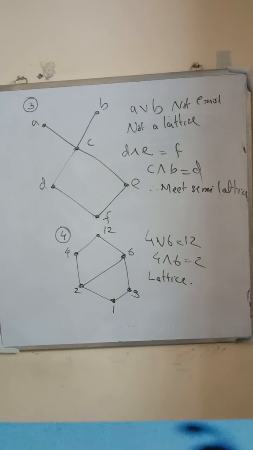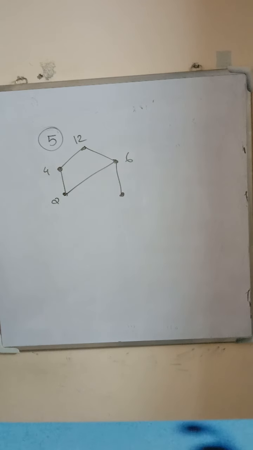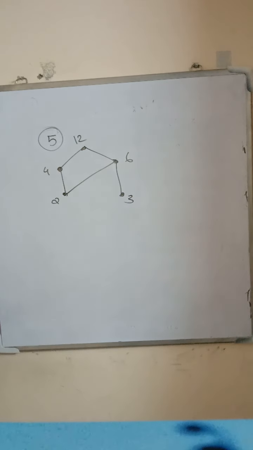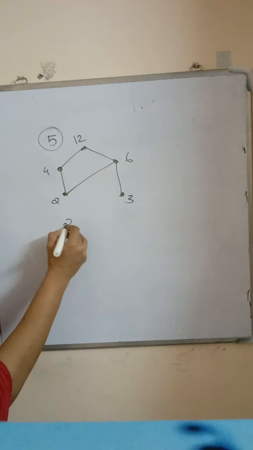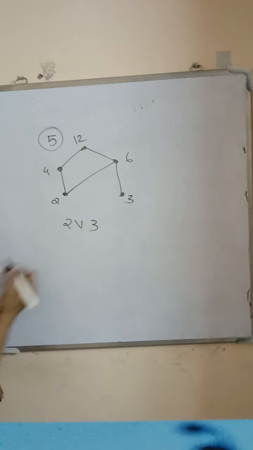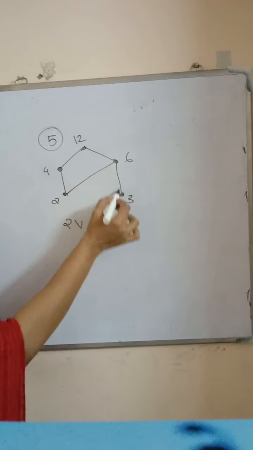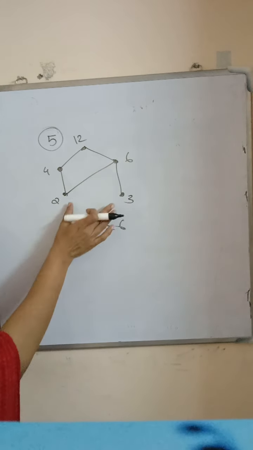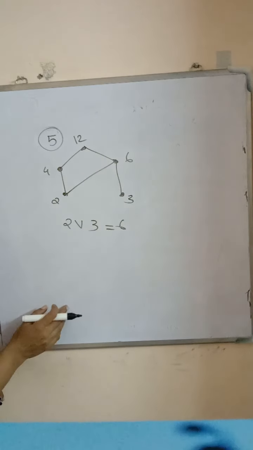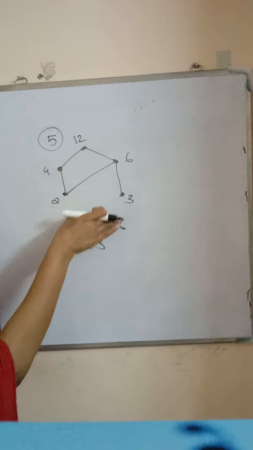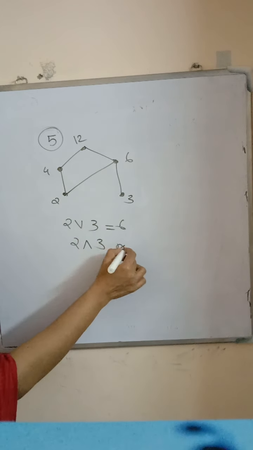Consider the fifth example. Here the elements are 2, 3, 4, 6 and 12. What is 2 join 3? The least upper bound of 2 and 3 is 6. What is 2 meet 3? The lower bound of 2 and 3 does not exist.